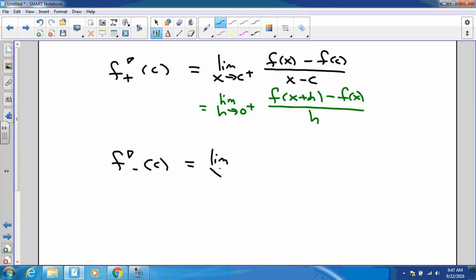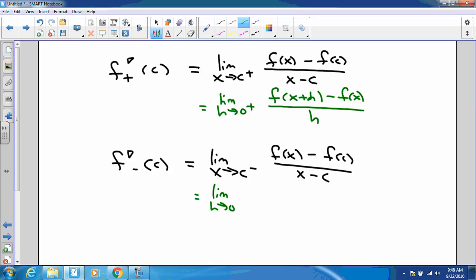Meanwhile, the derivative from the left will be exactly what you think it is: the limit as x goes to c from the left of the difference quotient, or the limit as h goes to 0 from the left of the difference quotient.